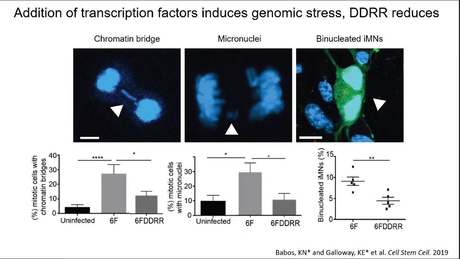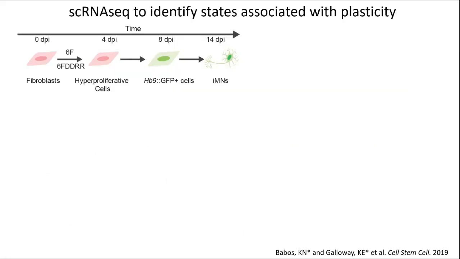So we wanted to know what are the molecular mechanisms that actually underpin this. What could it be that's allowing these HHCs to perform at these high processing functions? So we went in and performed a single cell RNA sequencing experiment across the reprogramming time. We took fibroblast hyperproliferative cells at day 4, HB9 GFP positive cells at day 8, and then the final induced motor neurons at day 14.